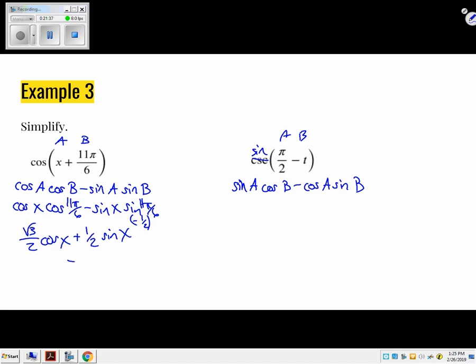Let's plug in our values on this. Sine of pi over 2 cosine of t minus cosine of pi over 2 sine of t. Interesting.